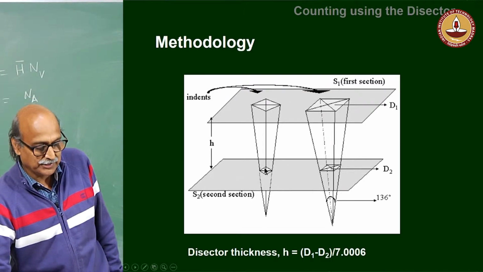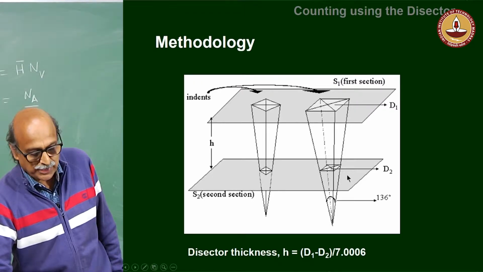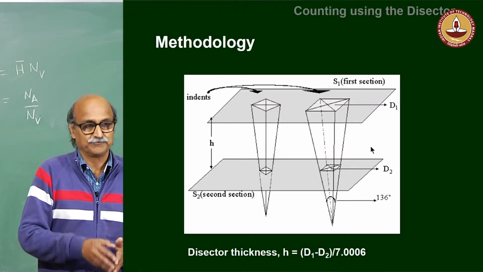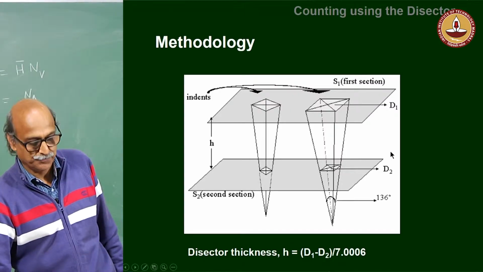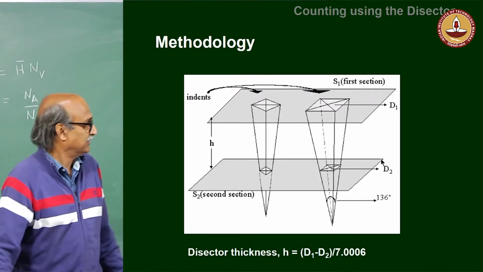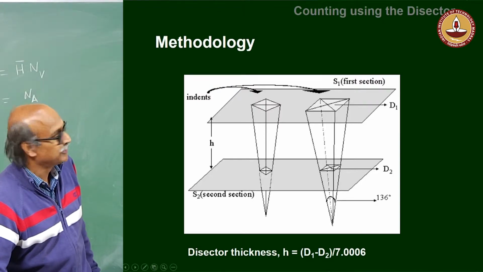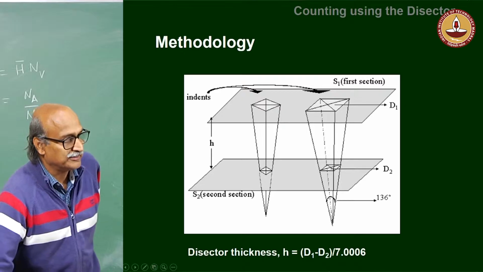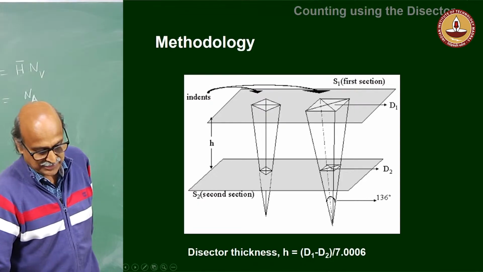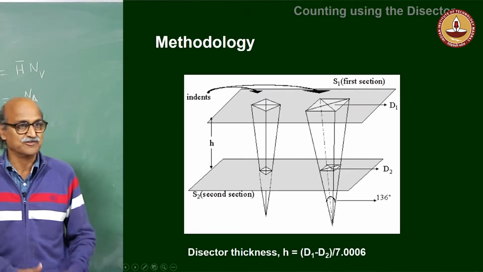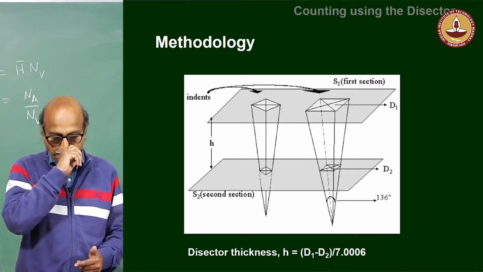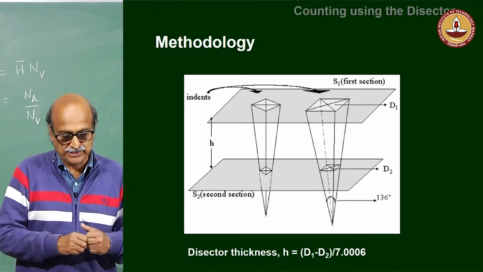So, now on the second plane, you will see an indentation which is smaller and which can be measured as d2. Then simply the dissector thickness, because we know the geometry of this indenter, the Vickers indenter, from the geometry this is the relation we get for H, the difference in the two diagonal lengths divided by approximately 7 here. That gives you H, and so this will give you a very accurate result.